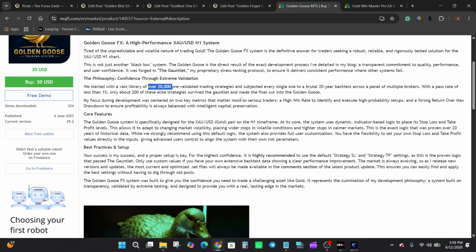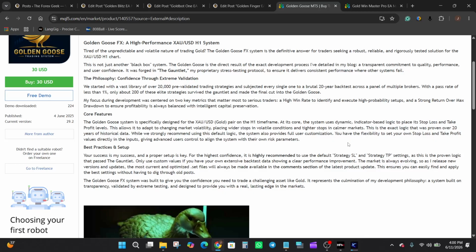Scrolling further, we get into the core features, and this is where things become more practical. The EA is built specifically for XAUUSD on the H1 time frame, and one of the key mechanisms mentioned is that it uses dynamic indicator based logic to place its stop loss and take profit levels.